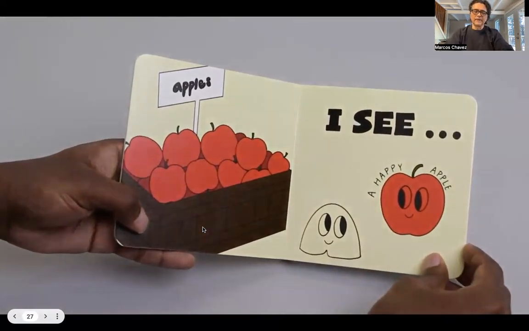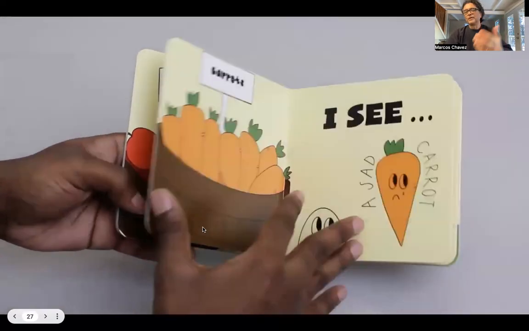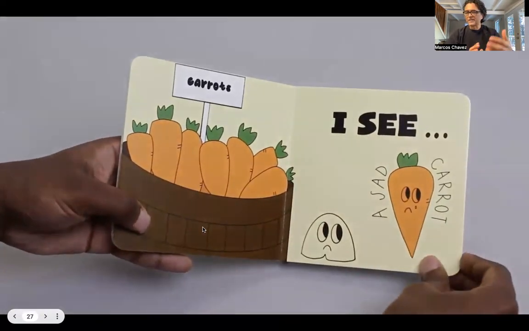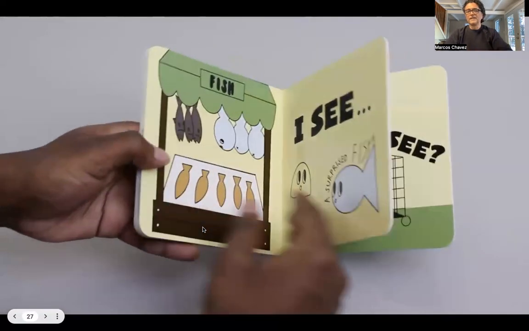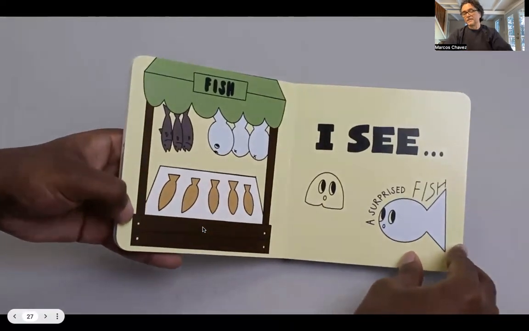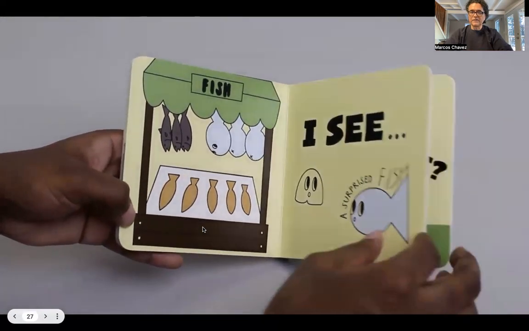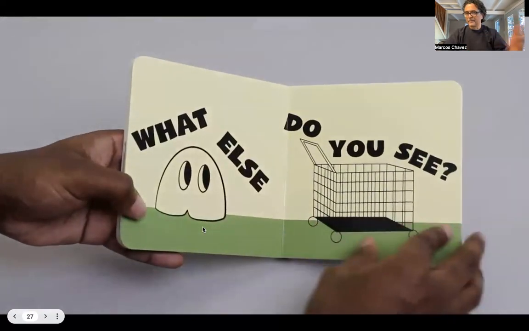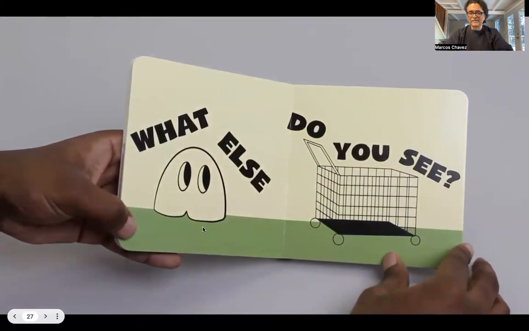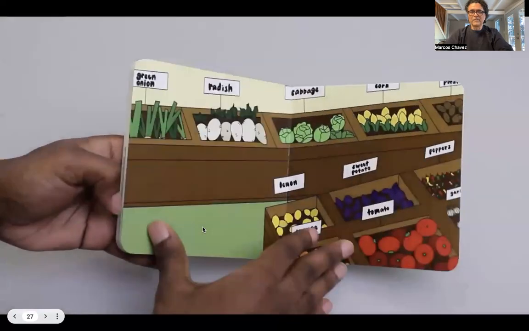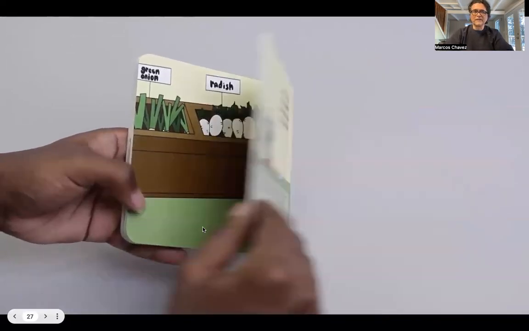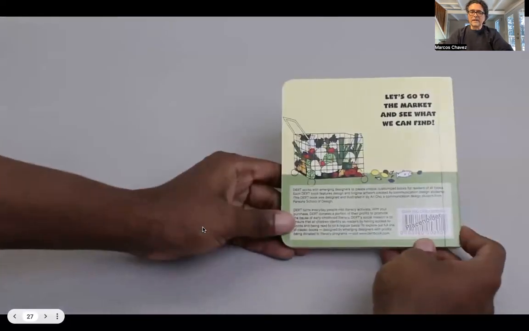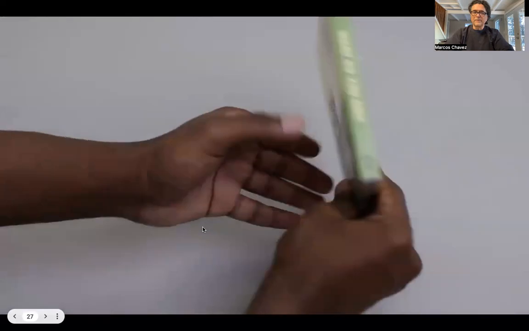And you can bring your own interactions as a parent or a caregiver, because the words are basic. It also brings this element of emotion, like we have a surprised fish, and the other vegetables and fruits had their own different emotions as well. And then it ends with this kind of overview puzzle, like where's the sweet potato? Find the peppers. And so that's another example.